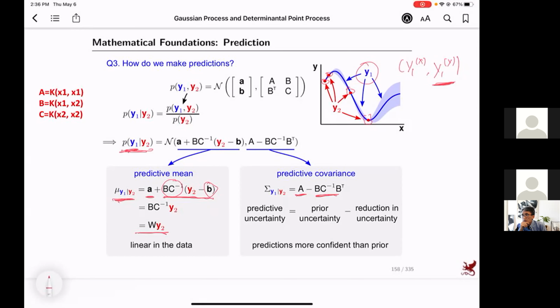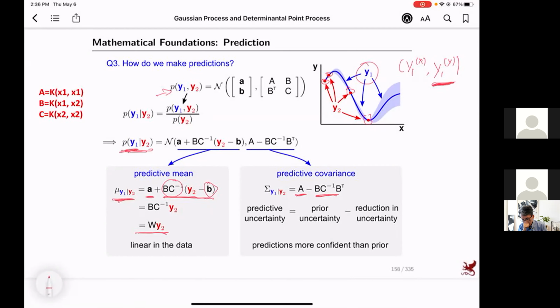I guess we need to be clear about what is y1 and what is y2 in this case. For y2, you fully observe its x value and y value, right? For y1, like all the blue things showing in this slide, you observe the x, but you still don't know the y. Because you don't know the y, you cannot directly use it to compute the likelihood, so you just use y2 to compute the likelihood.